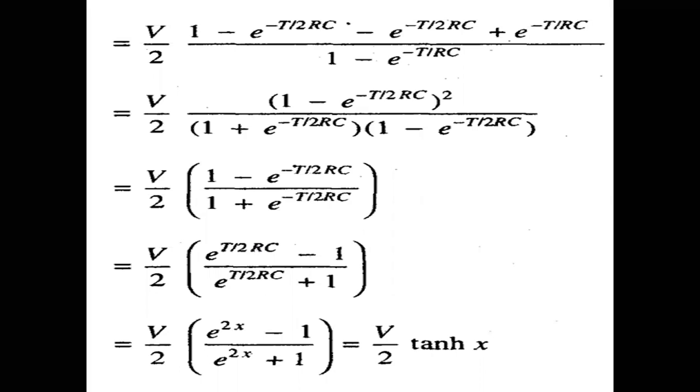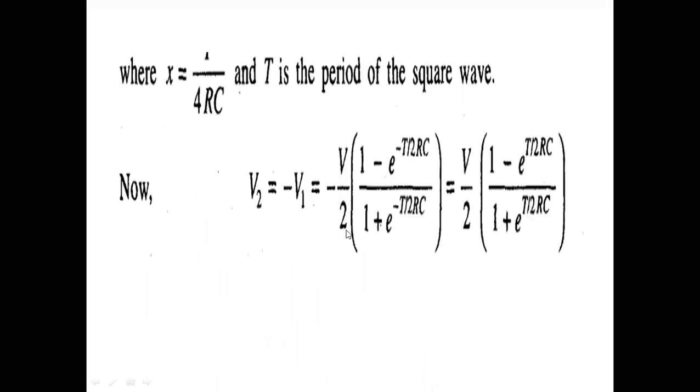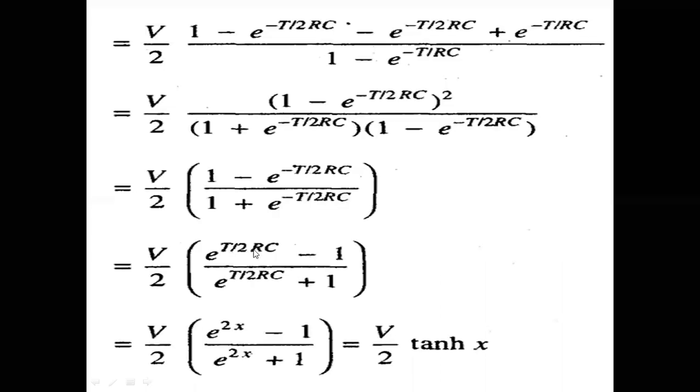If we make a simplification, finally we may get V1 this one and V2 this one. V2 is for a symmetrical waveform, therefore V2 is minus V1, where x is t by 4 RC. Because I want to get 2x, I am multiplying this by 2 and dividing by 2.